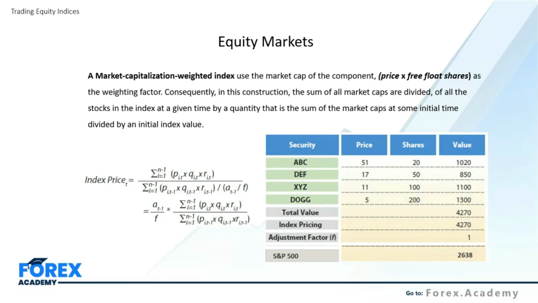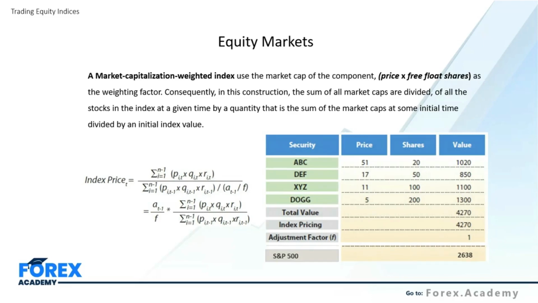So we have 4 companies within this hypothetical equity index. You can see they all have prices for their own stock and the amount of shares that they have in the market. That will have a value simply by multiplying the price times shares, or the free float shares in the market, and then adding them all together will give us a derivative price of a floating equity index price. And this will move in terms of market sentiment on the overall shares or securities within the index itself.